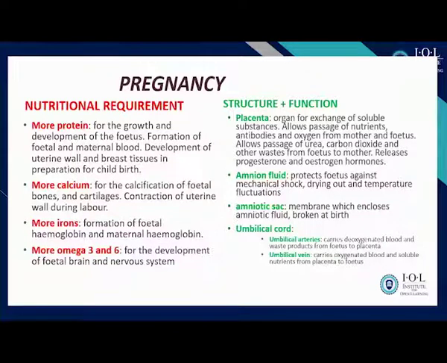The amniotic fluid protects the fetus against mechanical shocks, prevents drying out, and also prevents fluctuation of temperature. Then we have the amniotic sac, the membrane that encloses the fluid. And we have the umbilical cord. The umbilical cord contains the arteries.